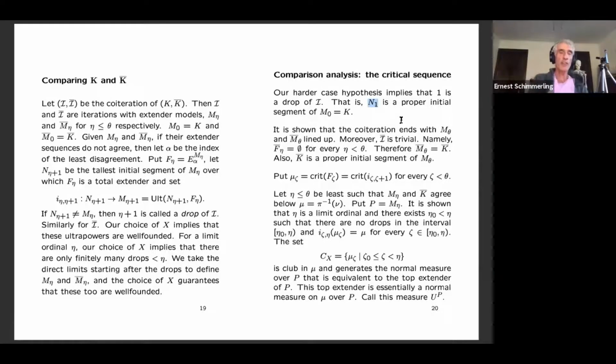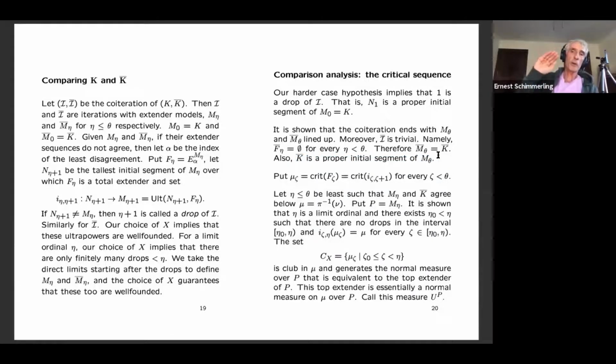All of the extenders used on the bar side are actually just the empty extender, which means when you take the ultra power of the empty extender, implicit is that it's just the identity map. And the last model on the bar side is just K bar. So another way of saying this is that K bar is a proper initial segment of M theta.